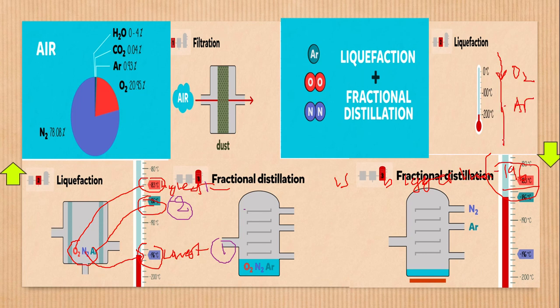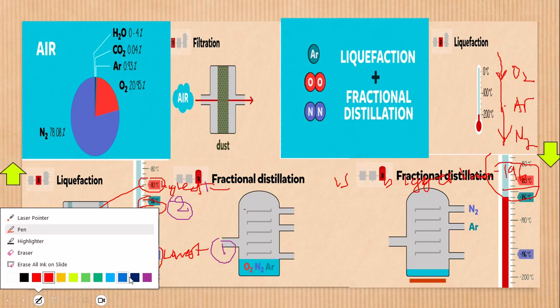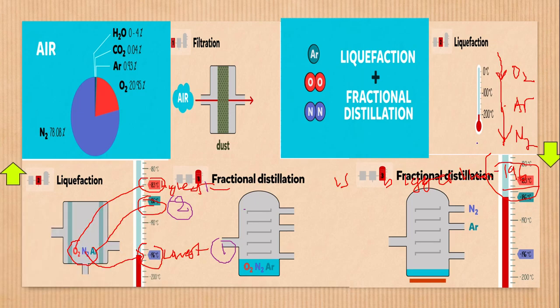As you continue cooling, you'll have your nitrogen somewhere there. Now on the contrary, in fractional distillation, the temperature increases like that. Who will come first? Nitrogen will escape first, followed by argon, and lastly oxygen.